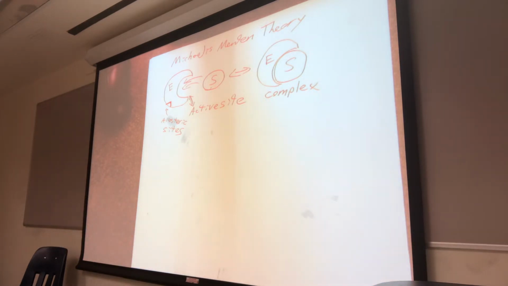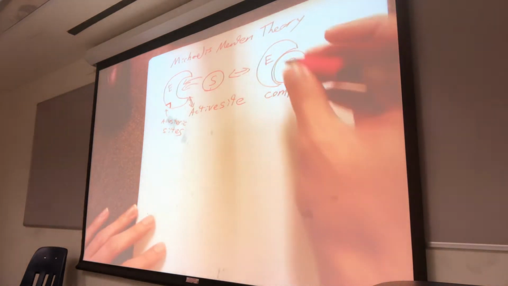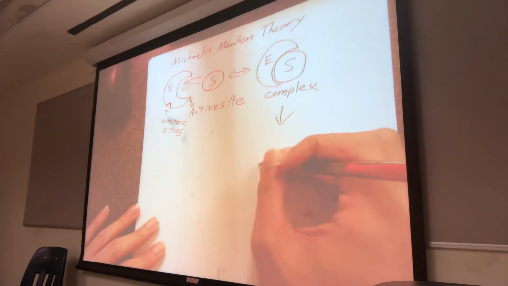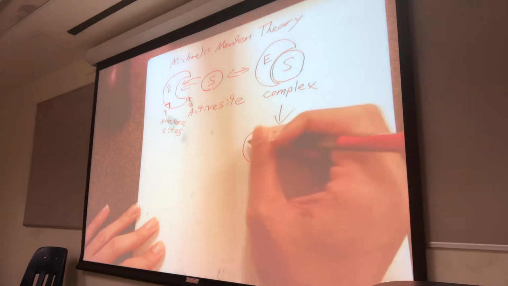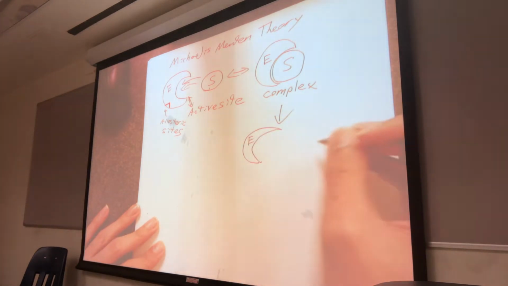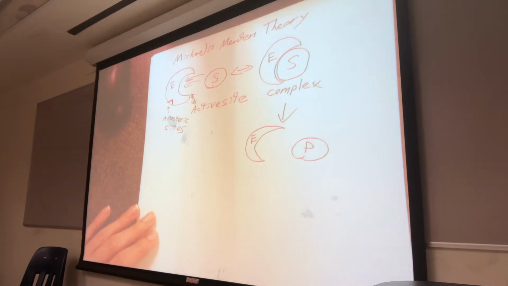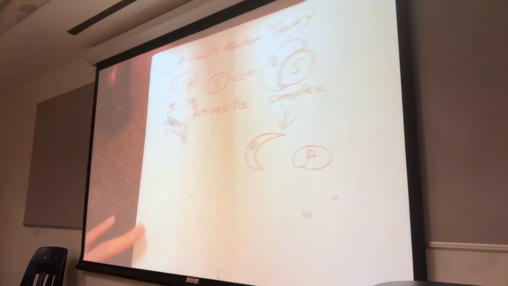Then, if enough energy is applied, the enzyme will be able to convert the substrate into a product, and the enzyme returns back to its normal self. And the enzyme can go and find another substrate and catalyze it.